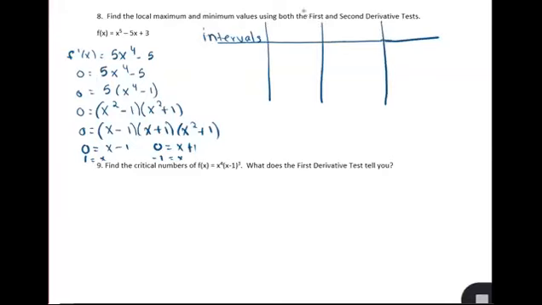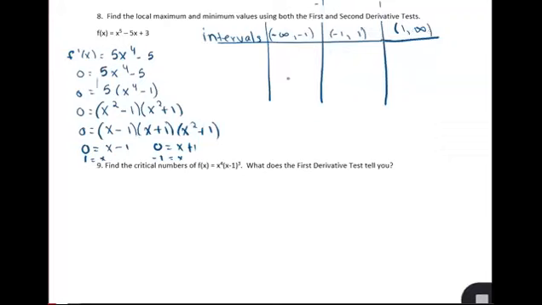So it'll look like this. This would be negative 1 and this would be 1 when we're looking at our intervals. So we would have negative infinity to negative 1, negative 1 to 1, and 1 to infinity. So those are the splits for our interval.